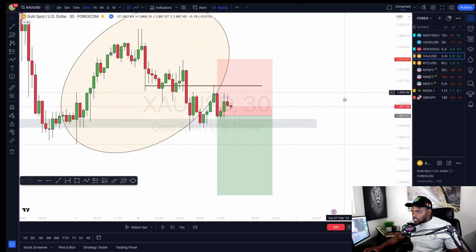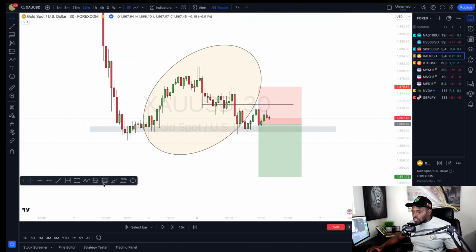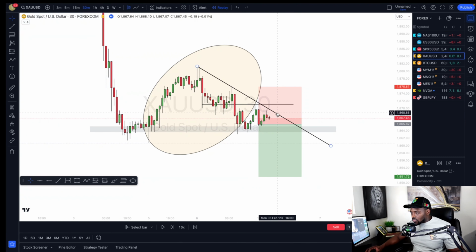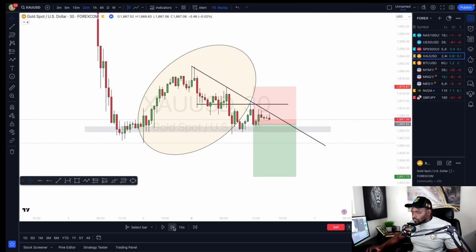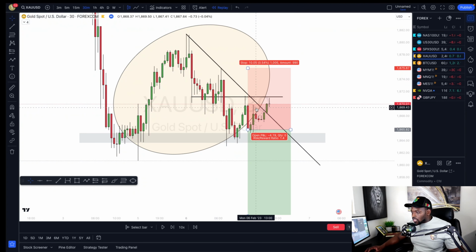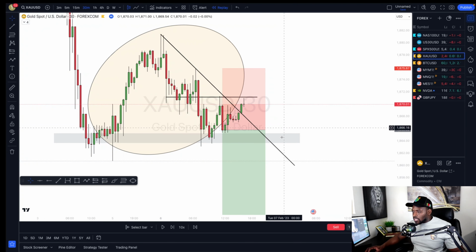But there's some sauce that you can add to it. There's some stuff you can add to it, right? You can add a trend line if you want and determine whether this is going to respect the trend line by just watching it. Didn't quite respect the trend line, but it is rejecting.